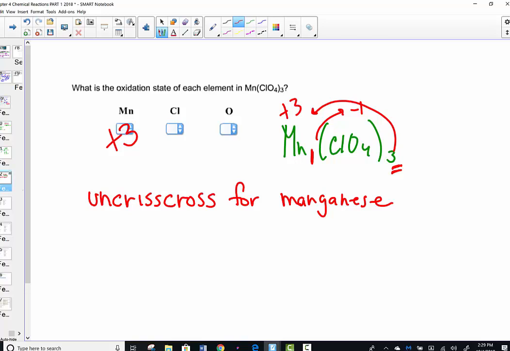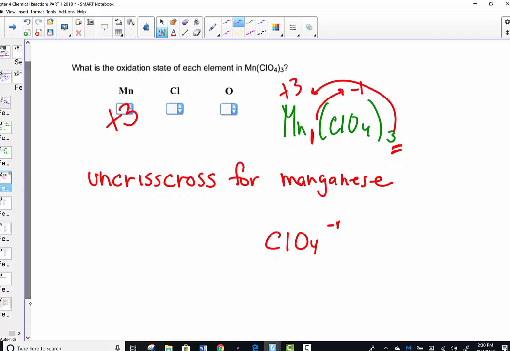Then we have this polyatomic ion buried in a parenthesis with a 3 outside. I think a good strategy, I think it's easy, you might find it as well: why don't we take it out of the parenthesis and just make it equal to the -1 charge of perchlorate? Then I don't have to worry about the parenthesis and distributing through. Pull it out, make it its polyatomic charge of -1.